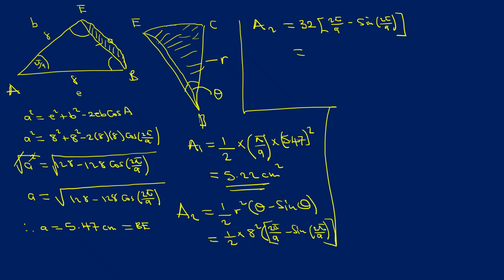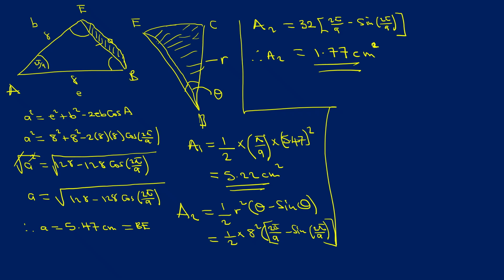It will give you the answer. That answer multiplied by the 32 which is outside, and area 2 will simply be equal to 1.771010, but then rounded off to 3 significant figures, it gives you 1.77 square centimeters. This is A2, the area of the segment in our shaded region.